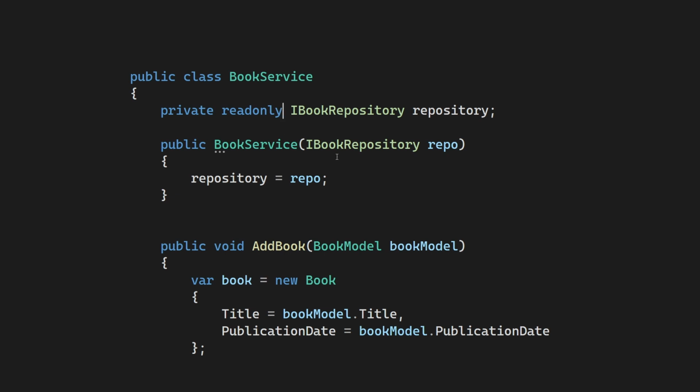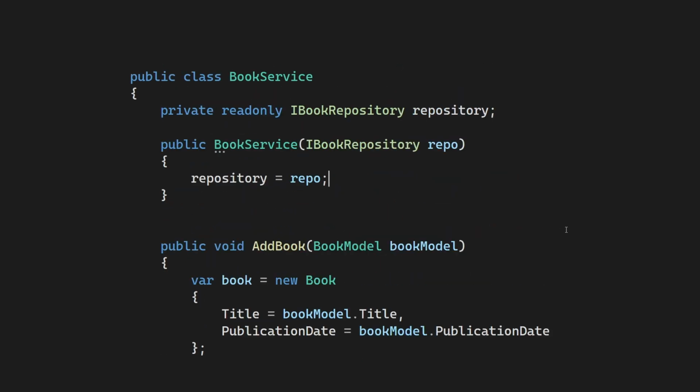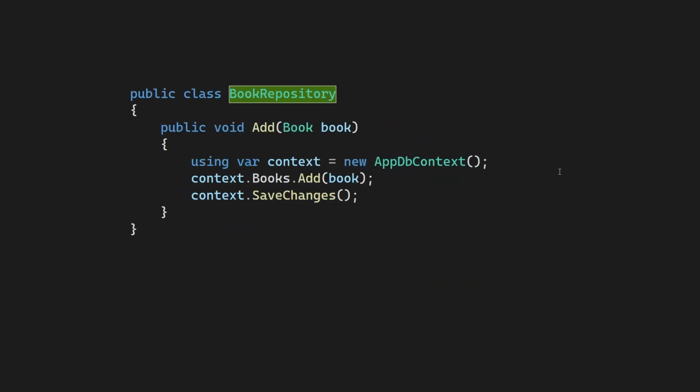There is another way to use the IBookRepository type, which is to define a method parameter of type IBookRepository and use it inside the method. But we'll stick with defining a constructor parameter. Notice the addBook method calls the add method of the repository object, but this time repository is of type IBookRepository, not book repository. All that is left now is to let the book repository class implement the IBookRepository interface.